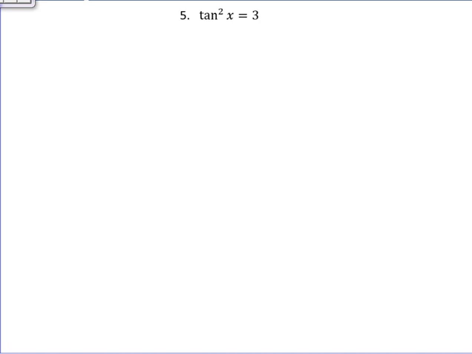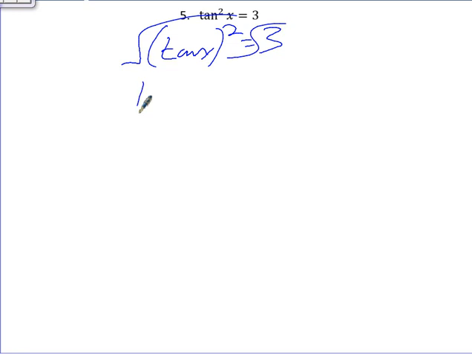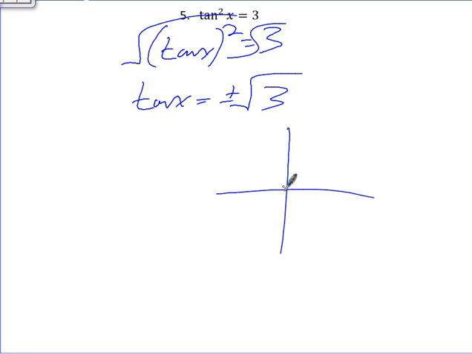Here, this one's not all that bad. Remember, when we see tan squared x, that's the same thing as tangent of x squared. So I take my square root. So you get the tangent of x equals plus or minus the square root of 3. And again, if it's plus or minus, I need to look in all 4 quadrants, because tangent could be positive or negative.